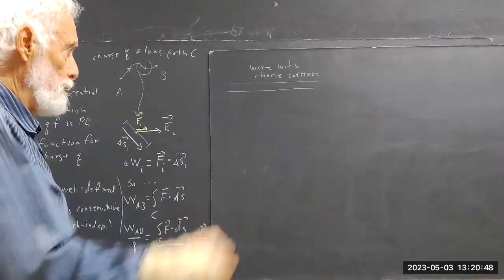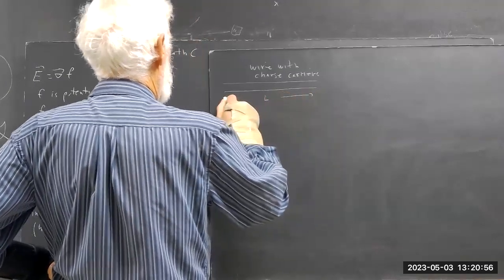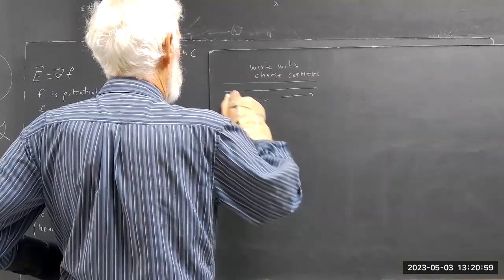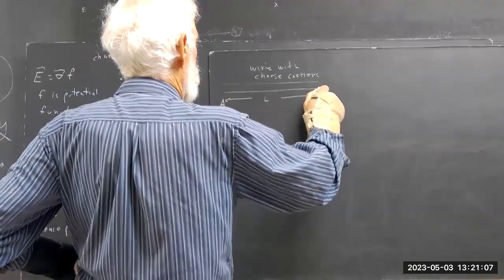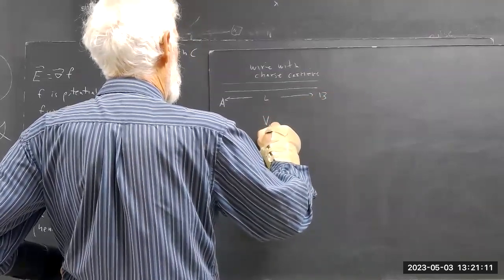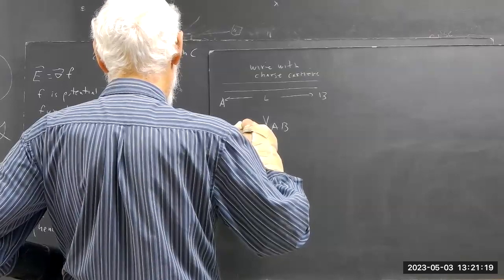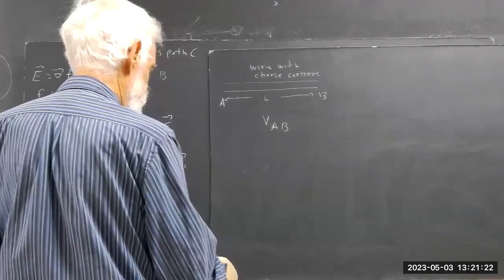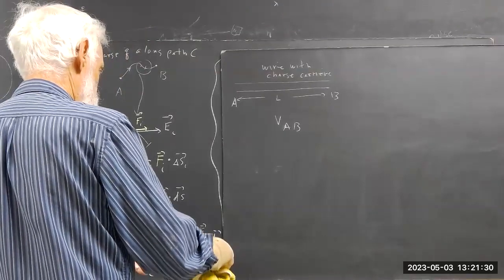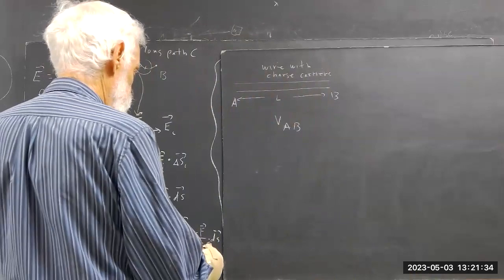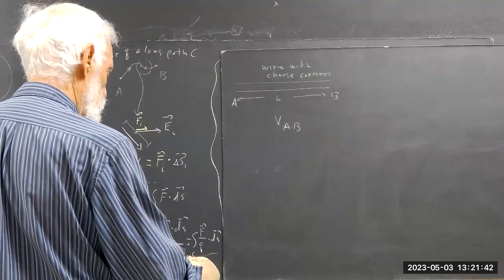Someone's going to say this is not a full state, it's a wire with a charge carrier. It's got a length L. Let this be point A. Let this be point B. Capital A and capital B here, I use lowercase there.